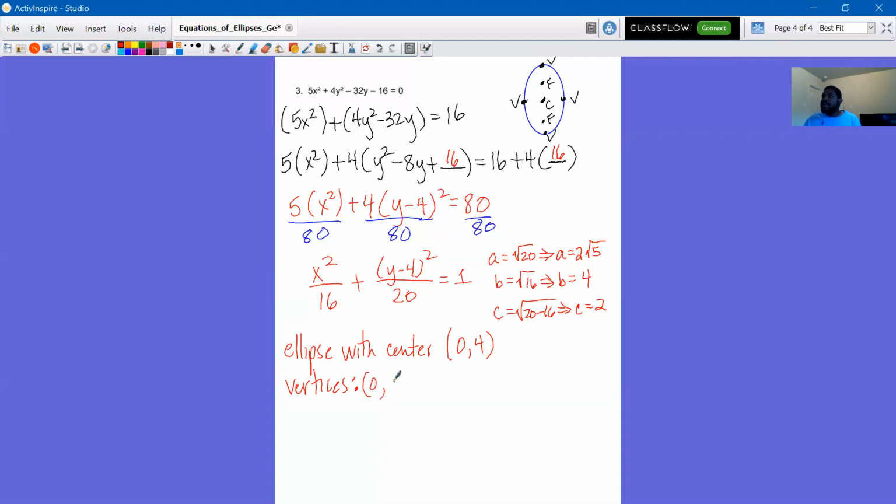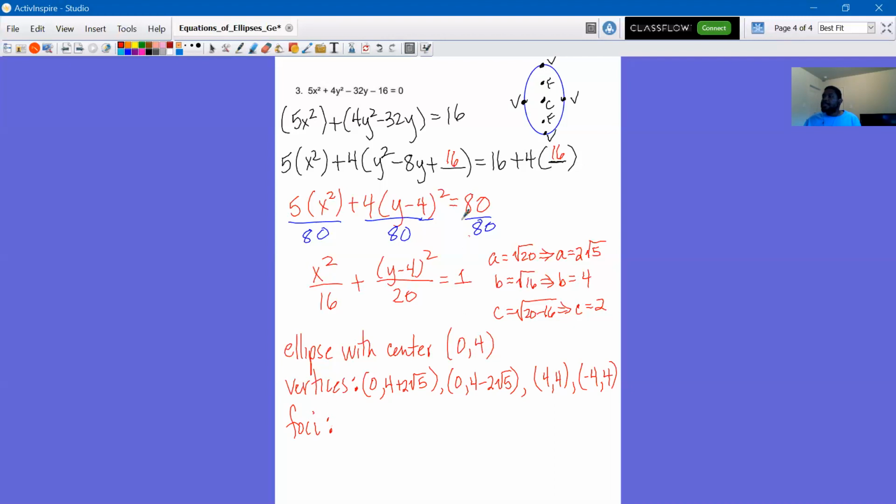So that's 0, 4 plus 2 square root of 5. And then we're going to subtract a from the y coordinate of the center, which is 0, 4 minus 2 square root of 5. And then we're going to add b to the x coordinate of the center, which gives us 4, 4. And then we're going to subtract 4 from the x coordinate of the center, which is negative 4, 4.